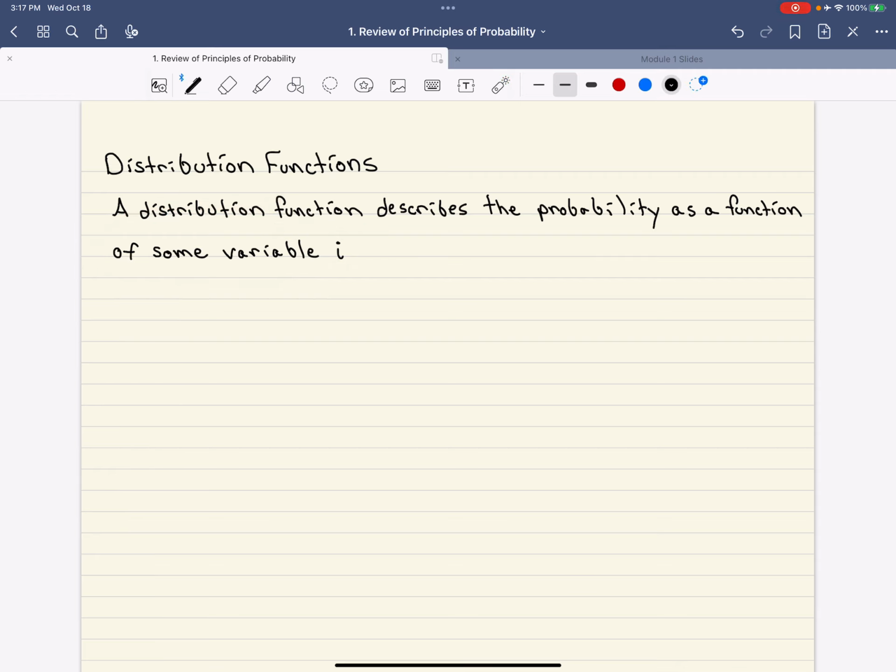Such that if we summed up our probabilities as a function of i for a range of i equals 1 to t, where t you can think of as the number of categories, the totality of these probabilities would just be equal to 1. So the sum of all your probabilities needs to be equal to 1.